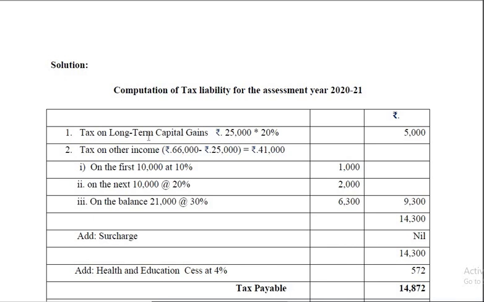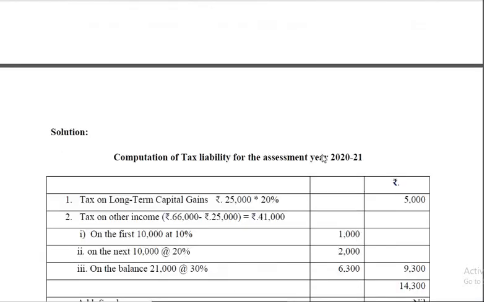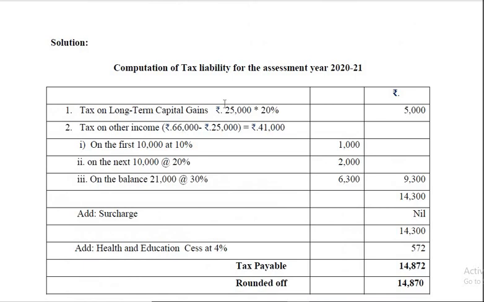So other than long-term capital gain, from the total income of 66,000, minus this 25,000, you will get 41,000. On this 41,000 you have to calculate the taxes, and the first 10,000 at the rate of 10% comes to 1,000. On the next 10,000 at the rate of 20%, that comes to 2,000. On the balance, it is taxable at 30%.